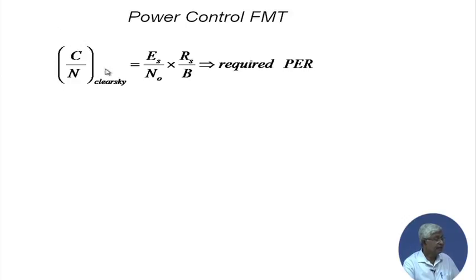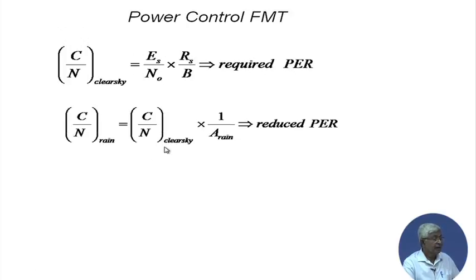C by N in clear sky is Es by N naught, in Rs by B, that is the required PER corresponding to this Es by N naught. During rain, C by N is the clear sky C by N attenuated by 1 by A rain, in ratio, and the PER is reduced because the whole C by N is reduced.